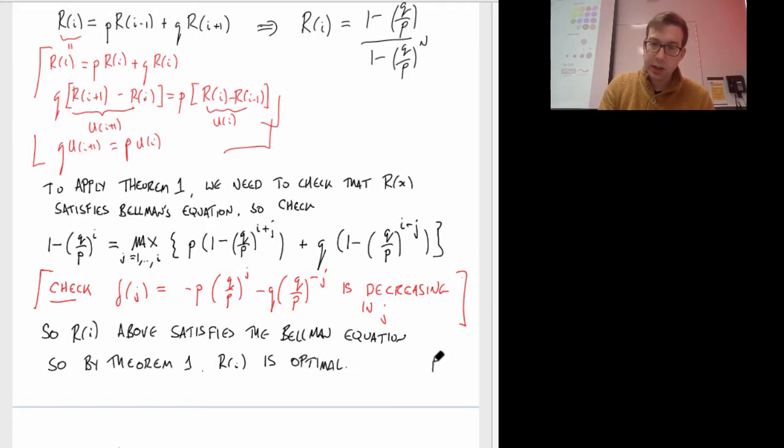That's the basic structure of how you go about applying that theorem. You write down Bellman's equation, and then you think, what is the reward function that I get from my policy? And you check that that satisfies Bellman's equation. And then, in your exam script, you state by theorem 1, or by theorem 2 if it's a negative program, that policy must be optimal.